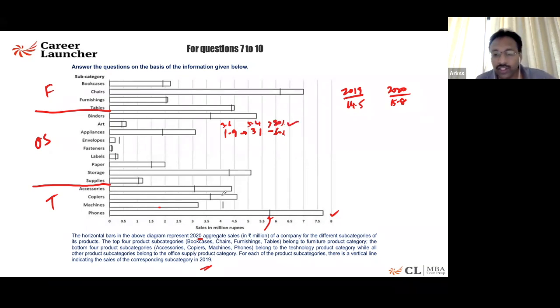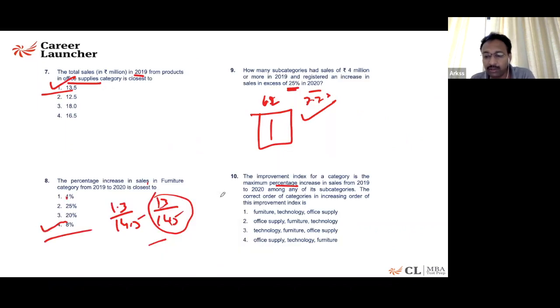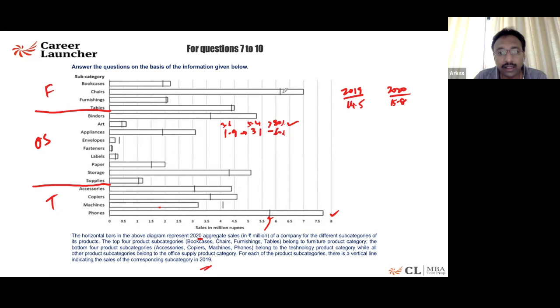So you have office supply. Office supply will be okay in increasing order of the improvement index. This will be lowest. We've got it 6.2 to 7. That's about 10%, 12%. And let's look at which is the highest for this. 3.1 to 4.4.